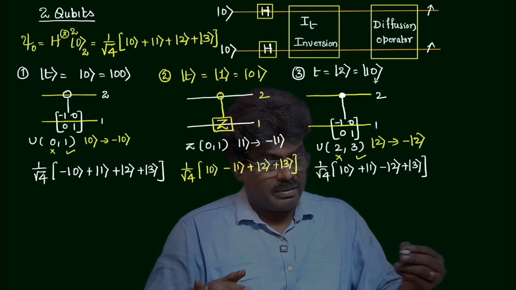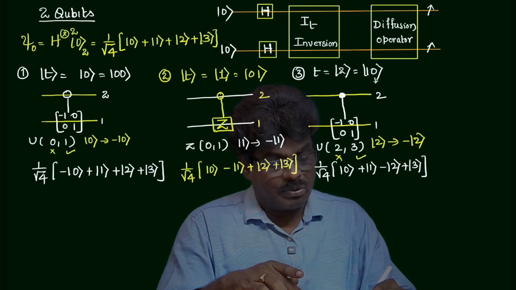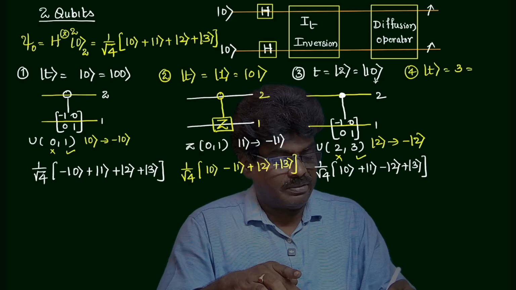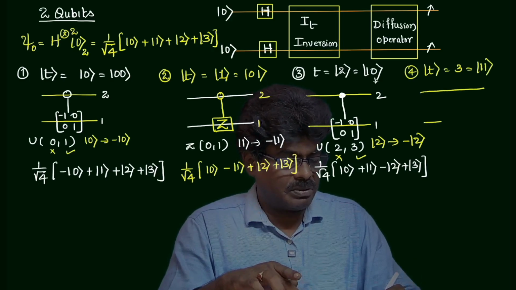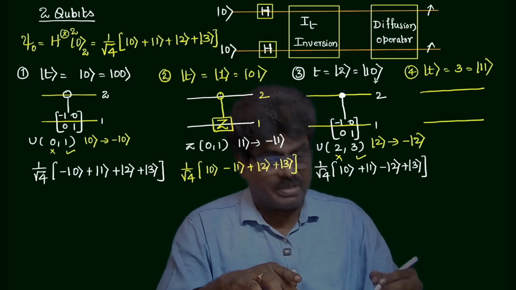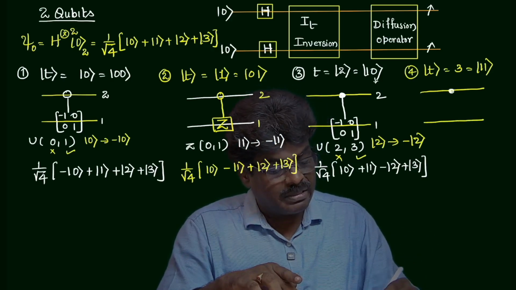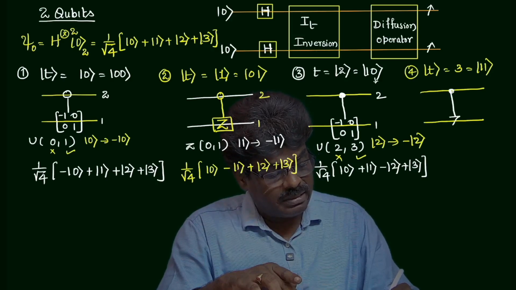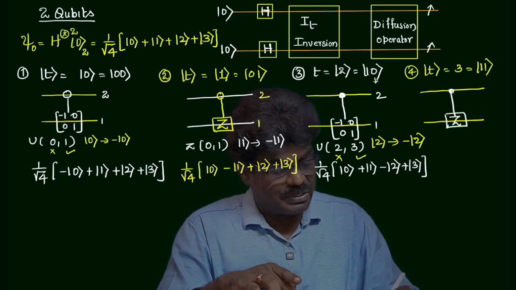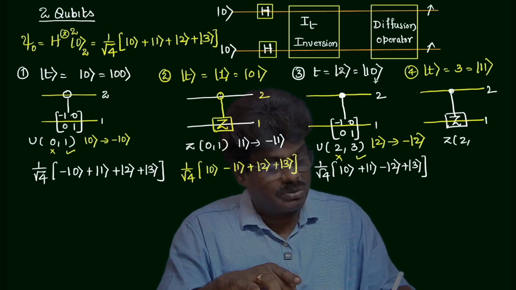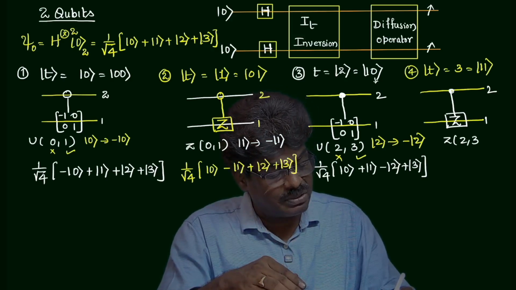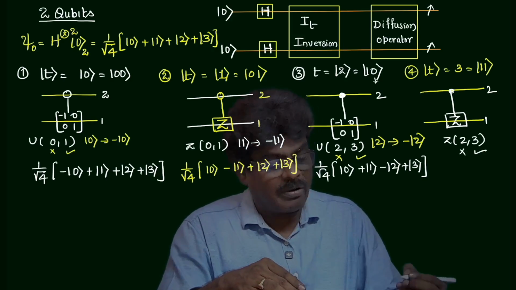So third one I'm leaving, this fourth one. Next, the fourth one, the target state as 3, we can write it as 1 1. It's very simple. Let me do this also, but I request you please pause the video and try to do it. And this is a control Z operation, which is 1 here, 2 here, that is 2 comma 2 plus 1, which is 2 comma 3, off and on.